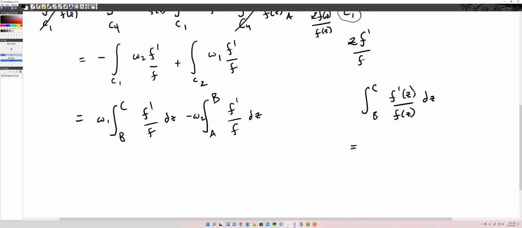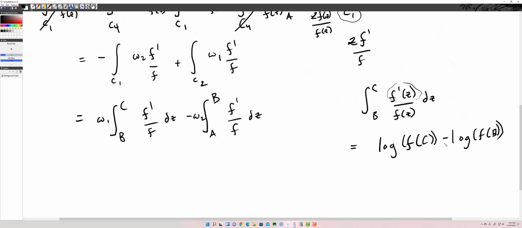Well, if I use substitution here, I see I've got my derivative of f right here, nice and convenient. So this winds up being log f of z, and then I plug in. Let's go ahead and write the whole thing out. This winds up being log f of c minus log f of b.